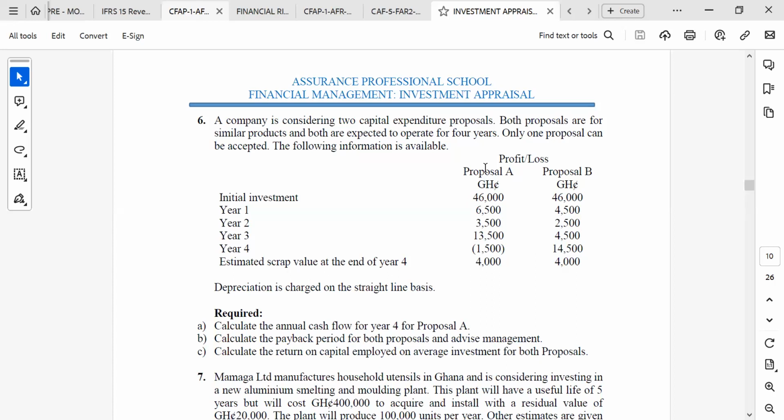How do you determine the profit? The profit we have taken into consideration depreciation for each of the products, isn't it? All right. So we assume that since we don't have any other items over here, the only thing that is going to be a non-cash item is the depreciation.